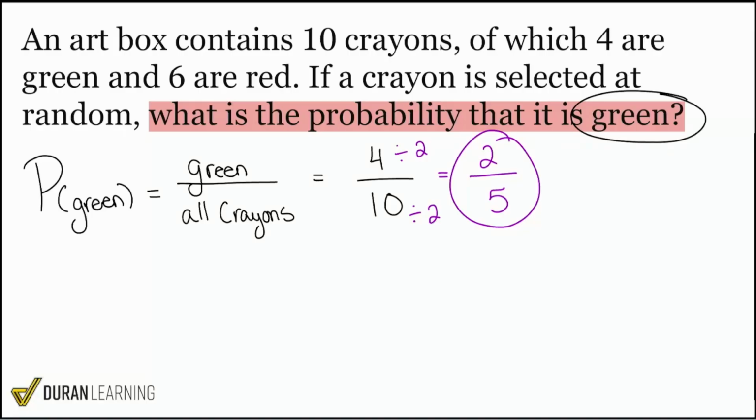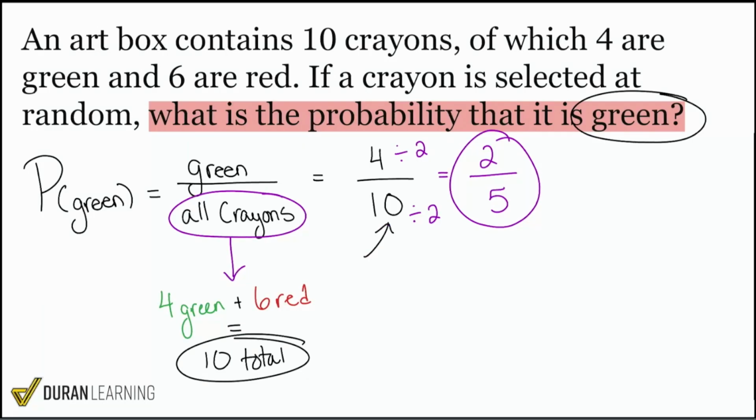When you divide them both by 2, you would have gotten 3 over 10, and that wouldn't have been the correct answer. And again, because I saw a couple of questions in the chat box, how are we using that 6? When we think about all crayons, we have 4 green, and we add that with 6 red, and that's how we get 10 total. That's where that 10 comes from.